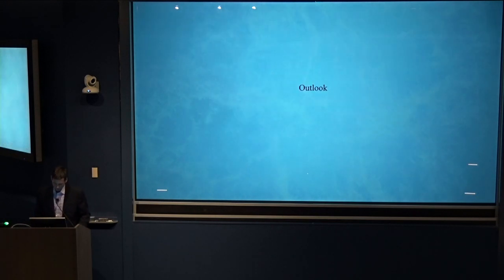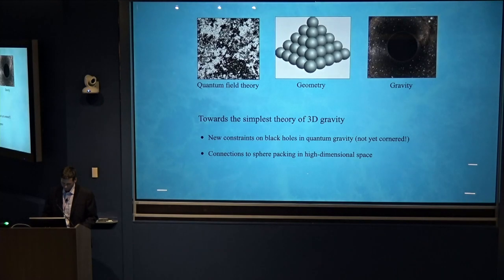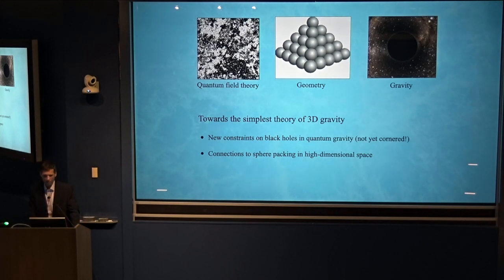Okay, so I'm going to conclude with some outlook on the big picture. I've discussed our efforts towards understanding the simplest theory of three-dimensional gravity and how we've used the bootstrap to obtain new constraints on black holes in quantum gravity. We haven't yet cornered the theory.